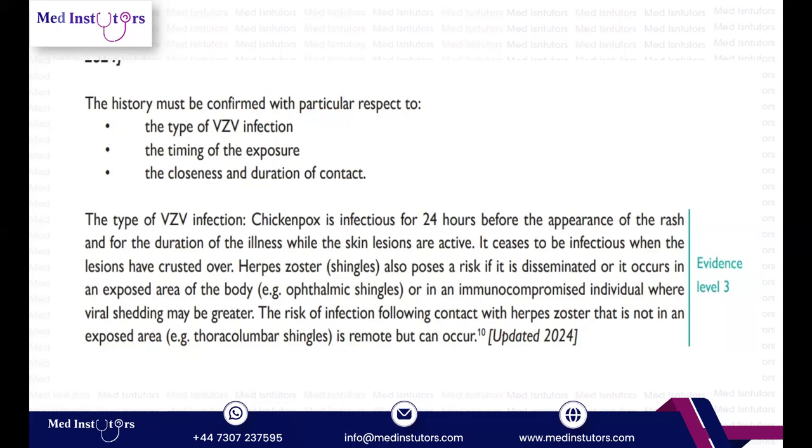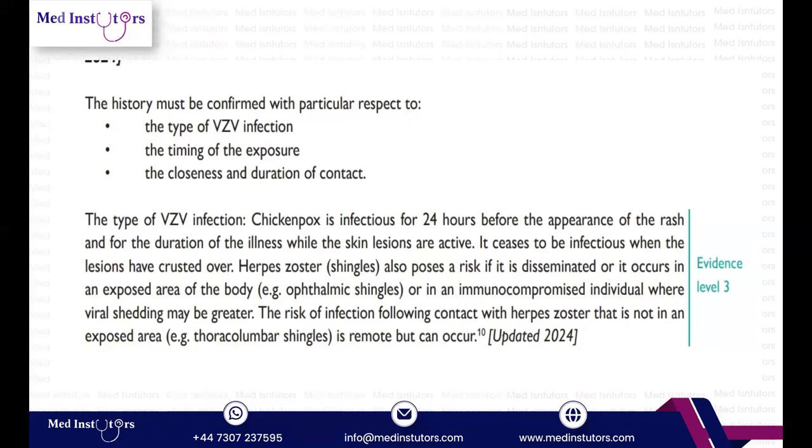Okay, so in the previous slide, we studied that if anyone acquires chickenpox, then he or she is infectious for at least 24 hours before the appearance of the rash, till the lesions are active or until 5 days, right? But in cases of herpes zoster, shingles, it also poses a risk in 3 situations.